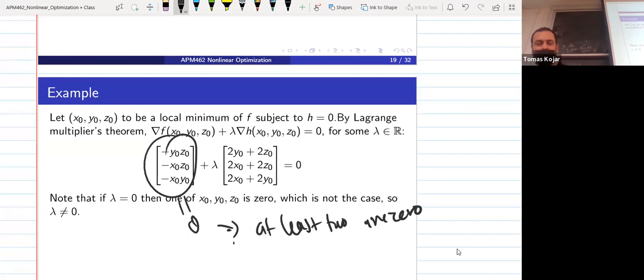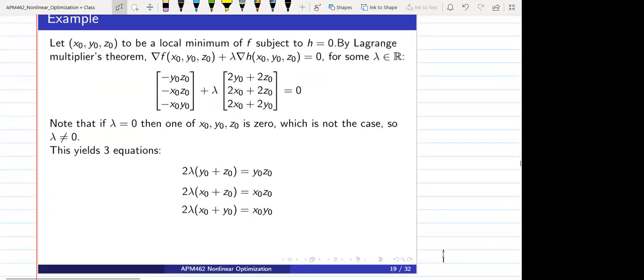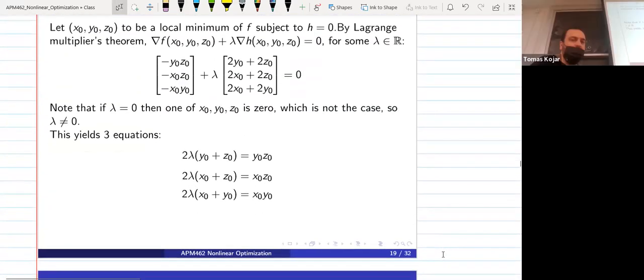Because y naught z naught is 0, x naught z naught is 0. So lambda, the Lagrange multiplier, is not allowed to be 0. Okay, good. So you just isolate it left and right.